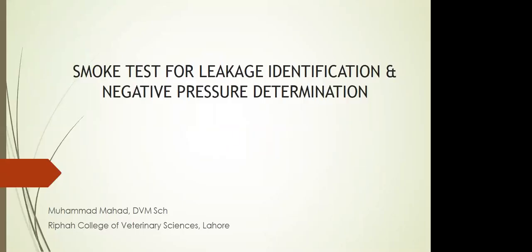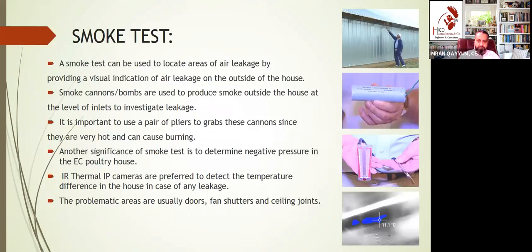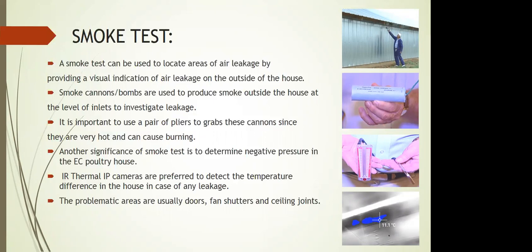Our topic today is the smoke test for leakage identification and negative pressure determination. The smoke test is one of the most important confirmatory tests in our environmental control poultry house, so that we can check if there is any leakage, what the faulty areas are from which there has been some temperature compensation, as well as the negative pressure of our poultry house.